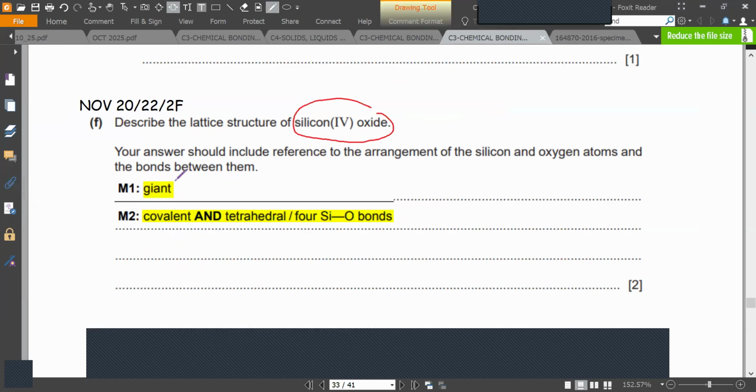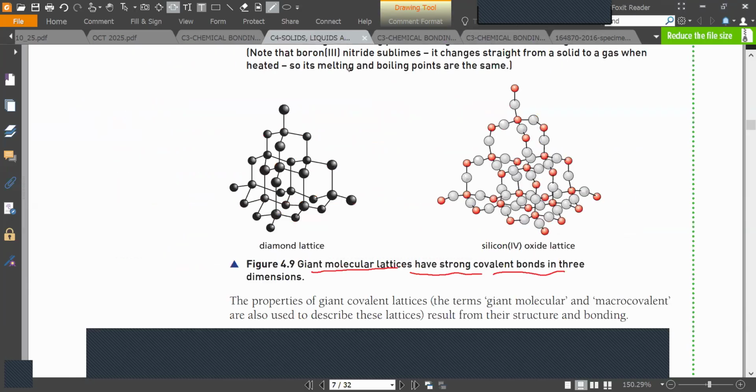Giant covalent, and the tetrahedral arrangement of the atoms. Because each silicon has four outer electrons, so it will form four bonds to obtain the octet. So it will form this tetrahedral arrangement of the atoms.